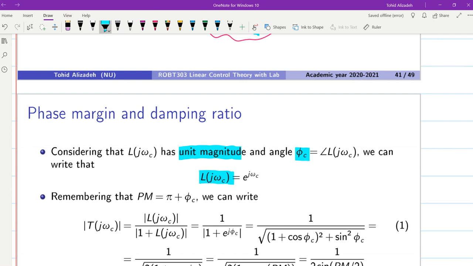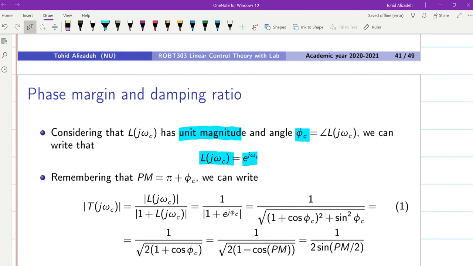L of j omega c itself is equal to e to the power of j phi c. We are having this because we have the amplitude of L of j omega at omega equal to omega c equal to 1 or 0 dB, because that's the crossover frequency, yeah?